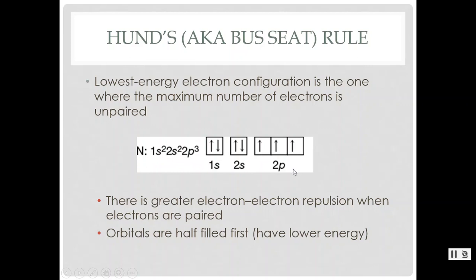If I go ahead and do oxygen, which is 1s2, 2s2, 2p4, that fourth electron can't get its own seat, so it's going to have to pair up with the electron in the first 2p orbital. So when placing electrons into degenerate orbitals, or orbitals of the same energy, half fill them first and then completely fill them, if necessary, with the appropriate number of electrons.